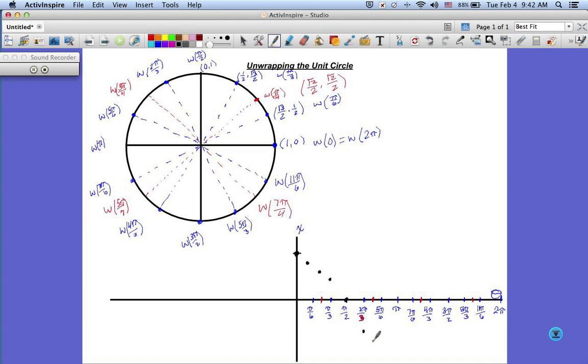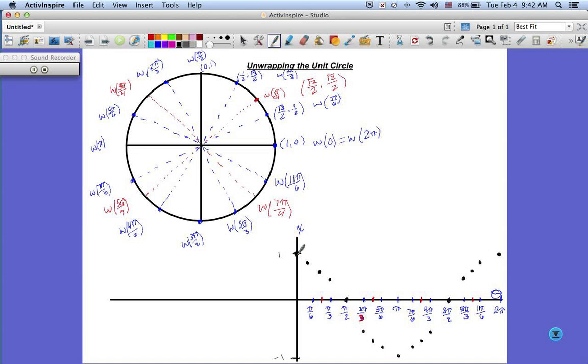And then negative root 2 over 2, negative root 3 over 2, and negative 1. And then I go back up to negative root 3 over 2, negative root 2 over 2, negative 1/2, and 0. And then I go to 1/2, root 2 over 2, root 3 over 2, and back to 1.